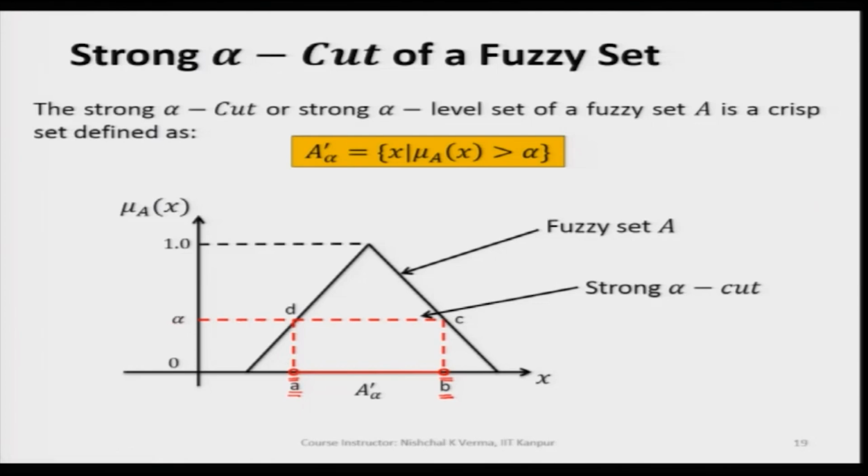We take only those values of the generic variable for which the membership value is more than alpha, which we get by this line. Because of that, the terminals a and b will be hollow. It means these points will not be included, because at a the membership value is alpha, and at b also the membership value is exactly equal to alpha.